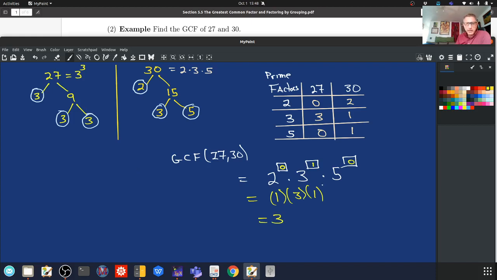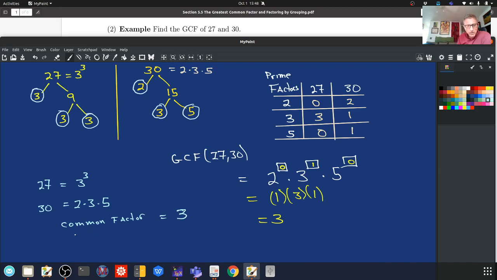So how would you do it with just the factorization? So I have 27 is equal to 3 to the 3rd. And I have 30 is equal to 2 times 3 times 5. So what you do is you look at the common factors. In this case, the only common factor in the list of 27 and 30 is 3.